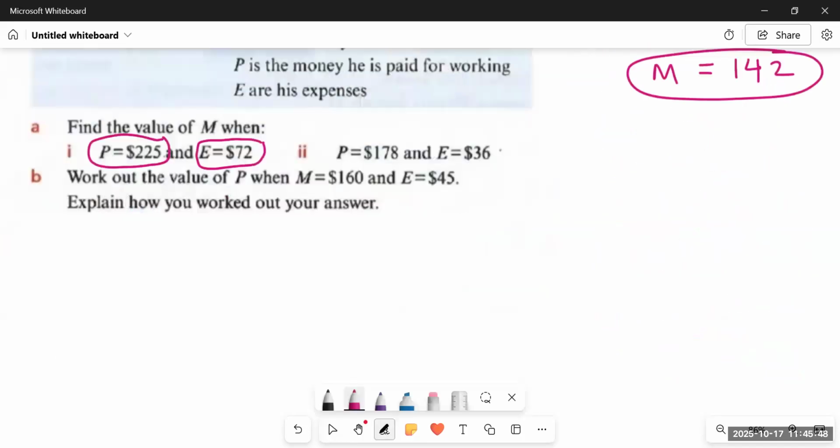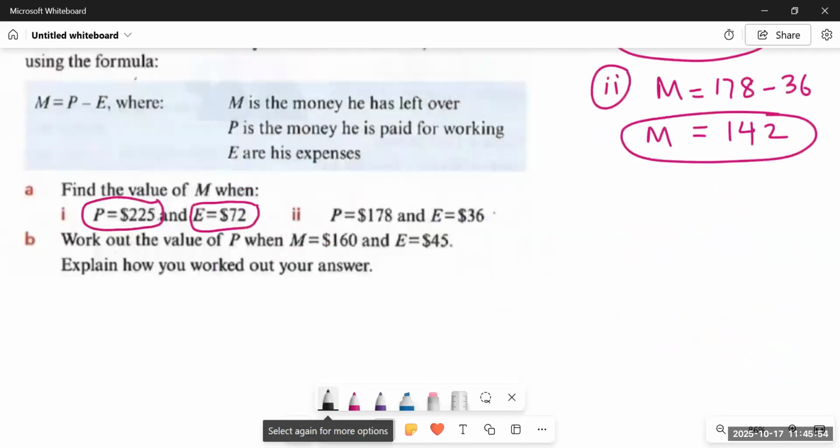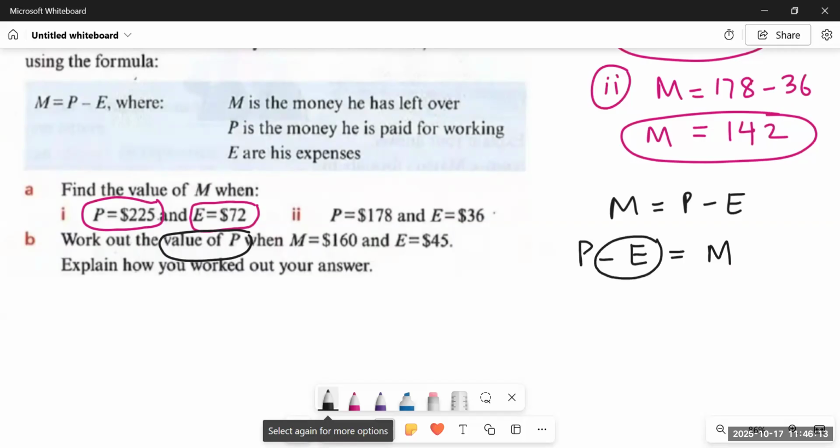So here we have to make P as the subject. Earlier, M was the subject and the equation was M is equal to P minus E. So now if I have to find out the value of P, what am I supposed to do? I'll write my formula like this. P minus E is equal to M. And since I have to find out the value of P only, I will move this minus E to the other side.